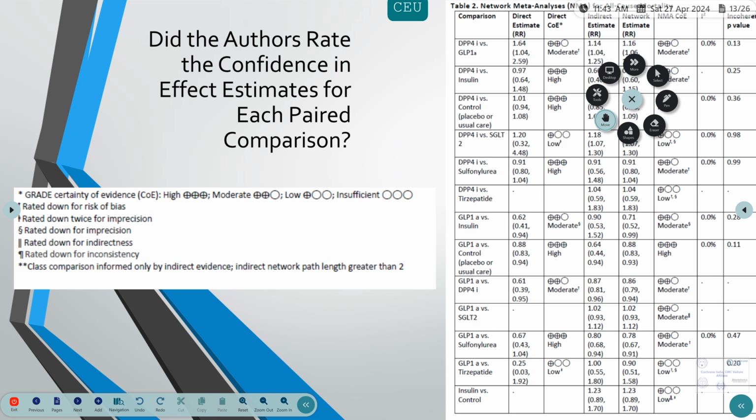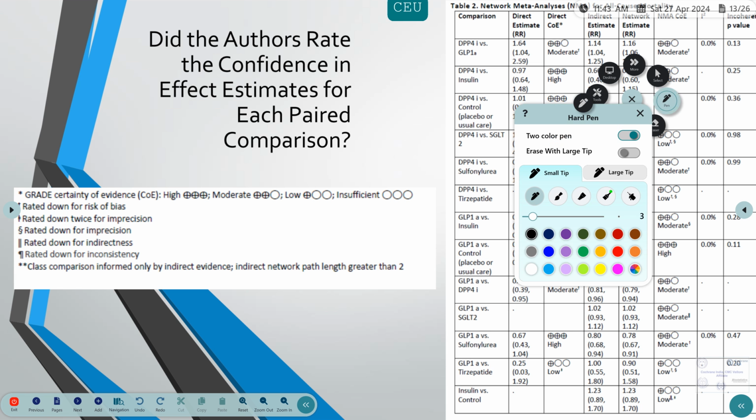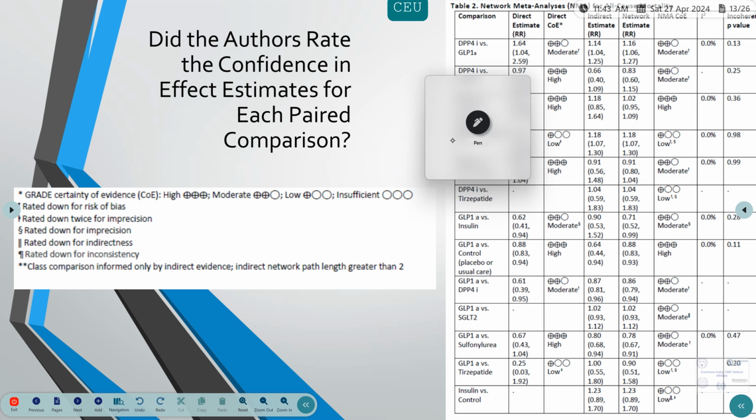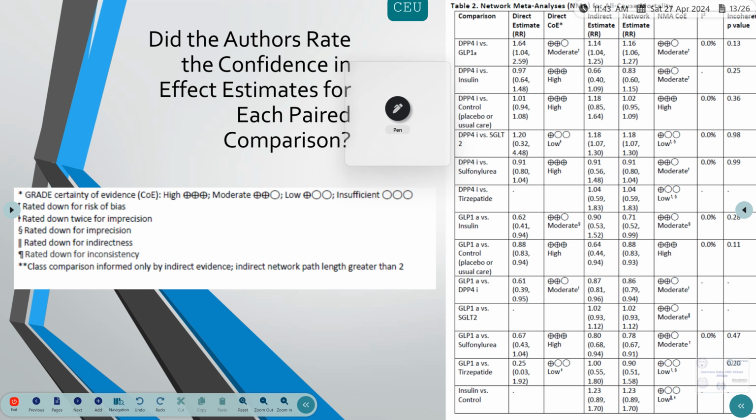The next question is, did the authors rate the confidence in the effect estimates for each paired comparison? For the confidence estimates, they have used the GRADE certainty of evidence tool.